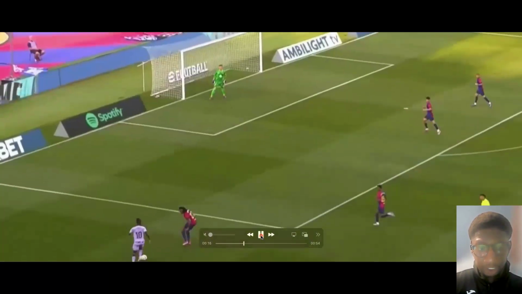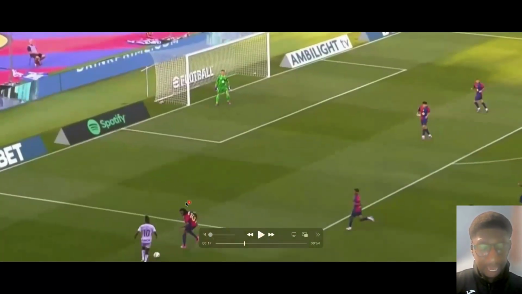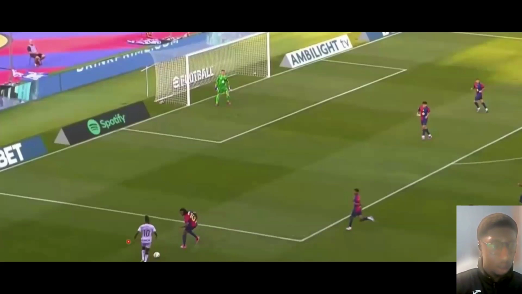Again, 1v1 situation. As you can see, the key here is Jules Koundé's body shape. So he's not standing square, he's side on, okay, blocking him, trying to force him to these areas out wide. In terms of a left-sided player on the right side, a left-sided player who is right-footed predominantly wants to try and cut in, and get across or get a shot.